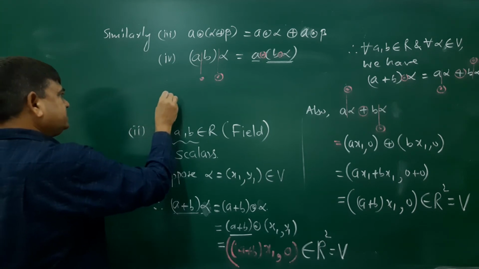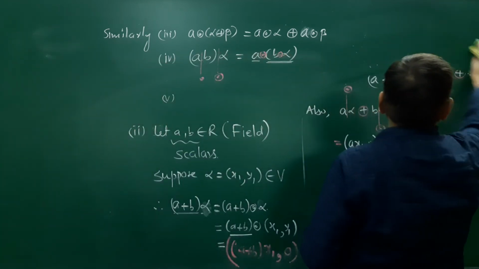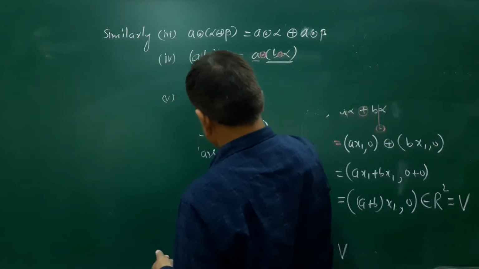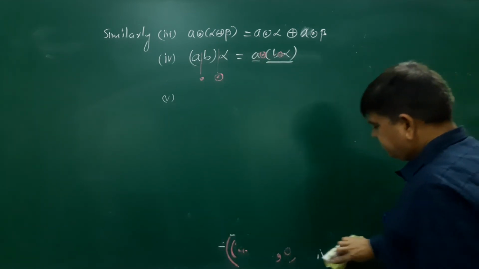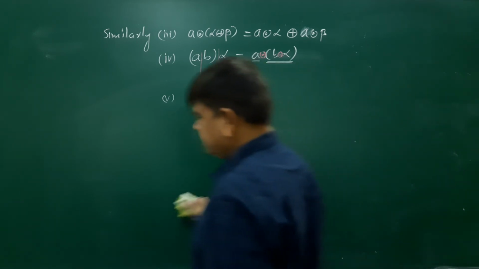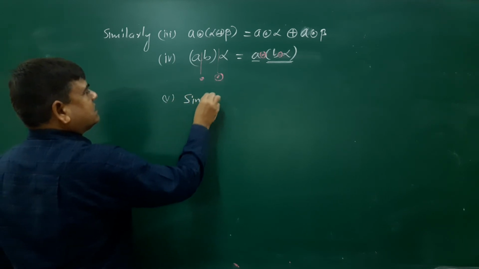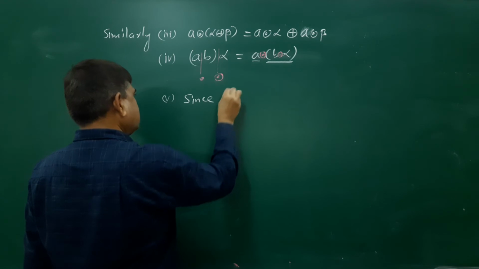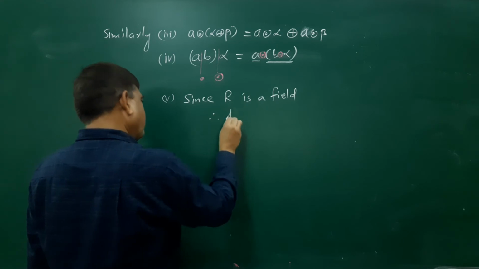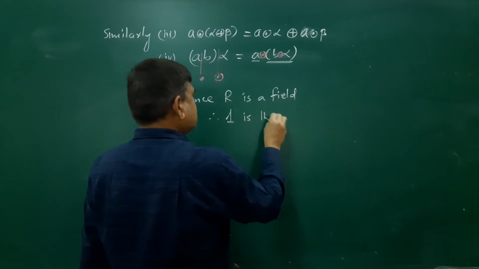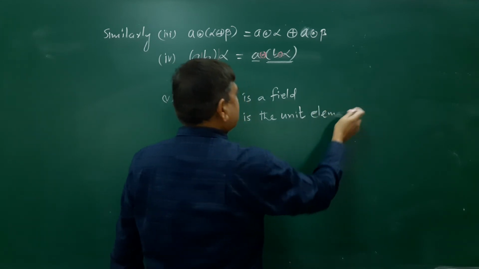Now the fifth one. Since R is a field, therefore 1 is the unit element.